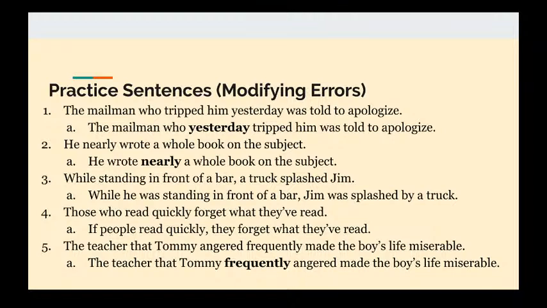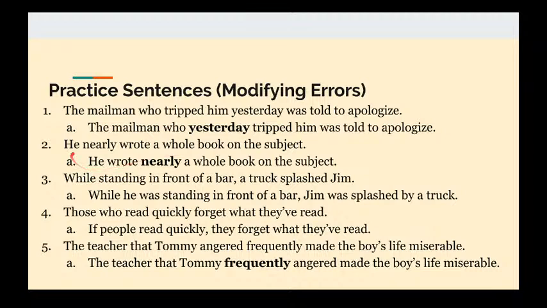Actually, no, it's not correct because this one is a bit vague and we don't really know what's being modified, but in certain cases, I believe I have a sentence later on, not in these, where you can see that the author can choose technically what word placement is correct. But here, the mailman who tripped him yesterday was told to apologize. If we move yesterday to before the word tripped, the sentence would read, the mailman who yesterday tripped him was told to apologize. It tells us when and what happened, and it's just more straightforward.